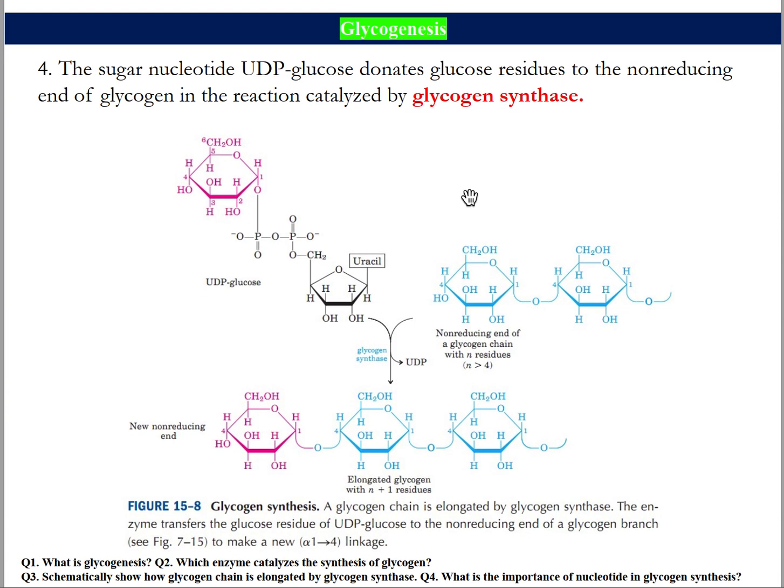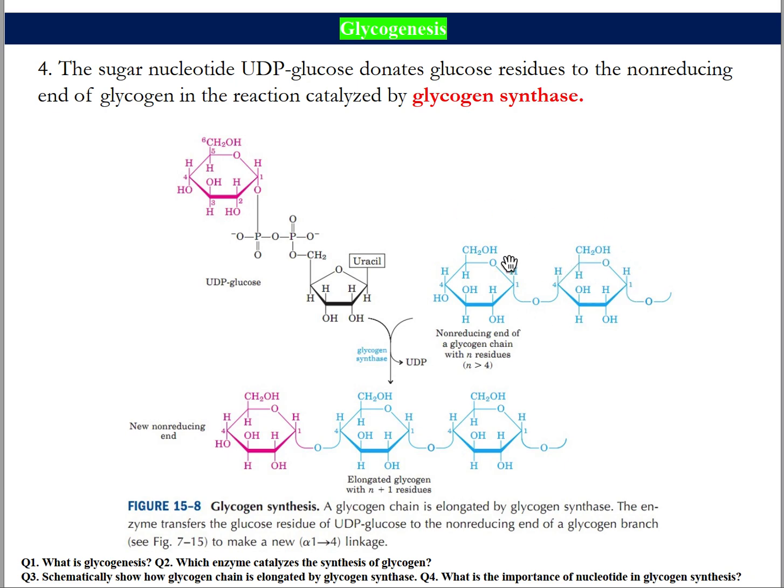The last step is that UDP glucose donates a glucose residue to the non-reducing end of glycogen, in the reaction catalyzed by glycogen synthase. Let's say this is a glycogen chain, and this is the non-reducing part with n residues of glucose, and definitely n should be greater than 4.